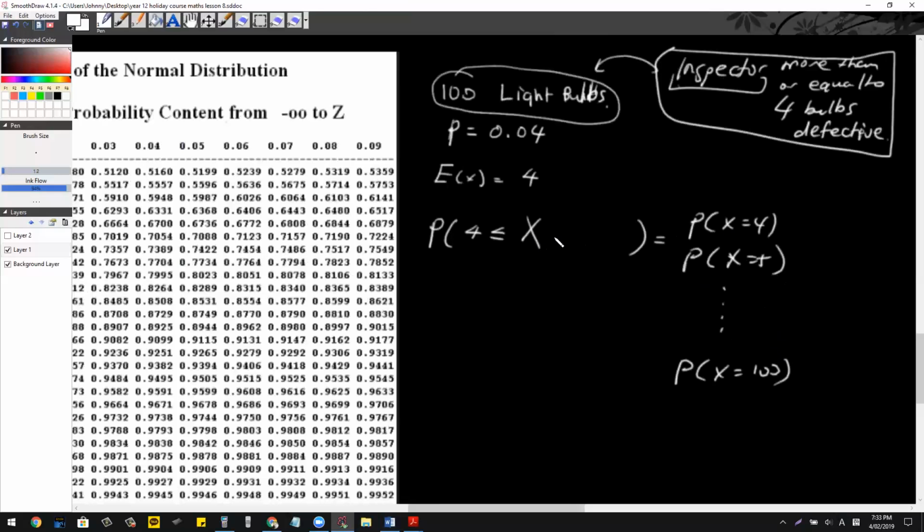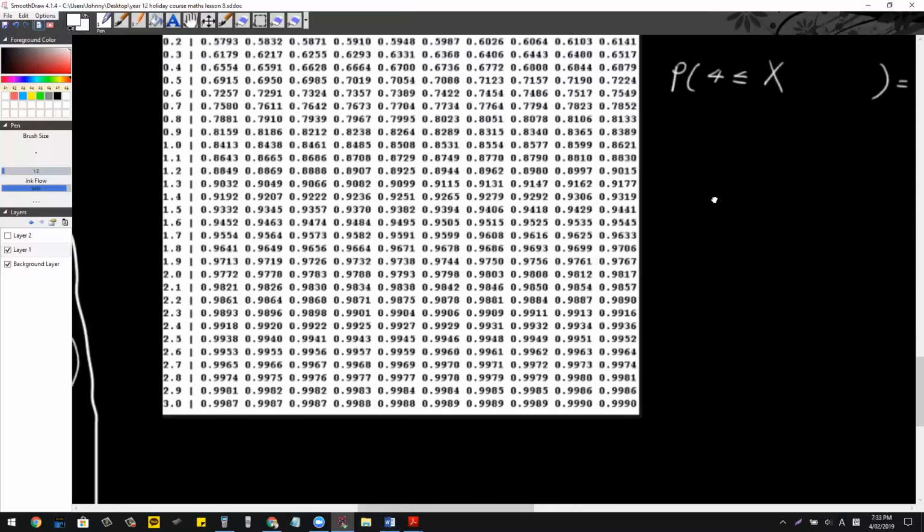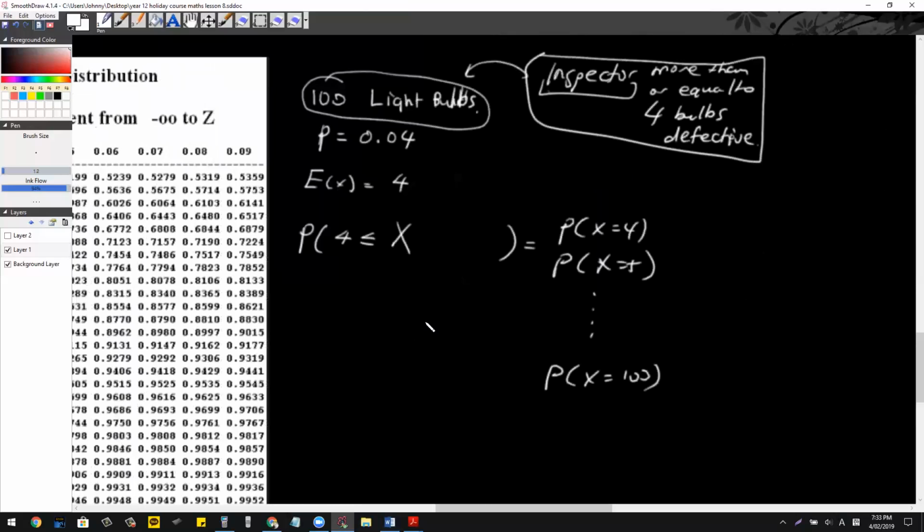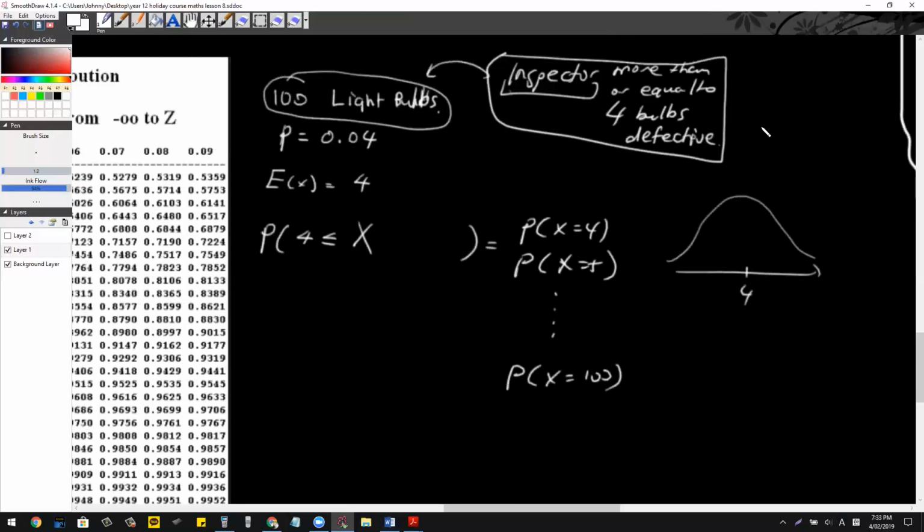And all you've got is this table over here. Okay? So you can create a normal distribution with 4 in the middle. And the standard deviation is square root of npq.